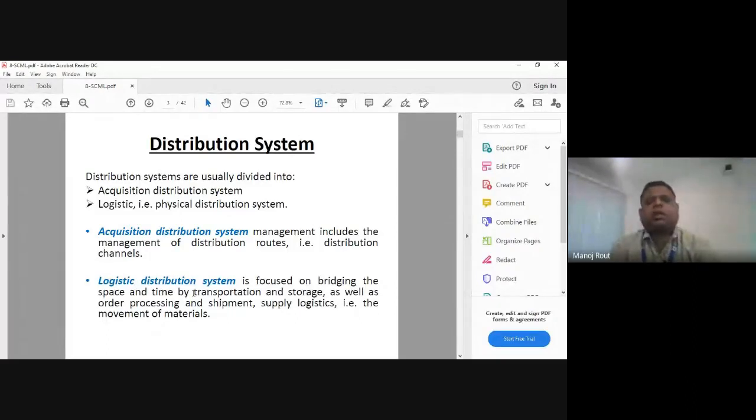The next part is logistics, otherwise called physical distribution, which focuses on bridging space and time through transportation and storage as well as order processing and shipment. The next is logistic activities, that is, the movement of material from different sources to other places. The most important things are the source of raw material, the transportation route, and the carriers generally employed for transportation of goods from one place to another.